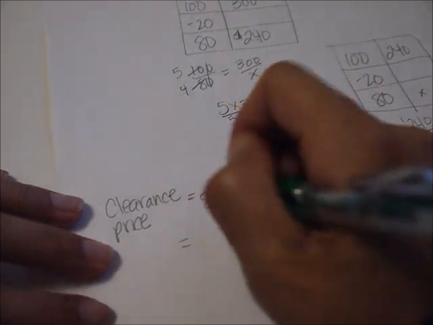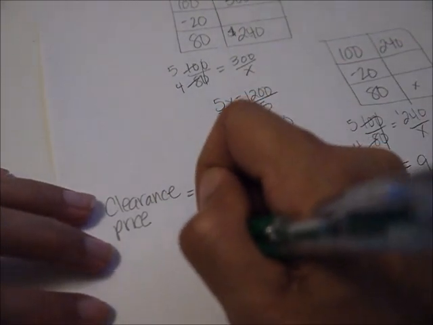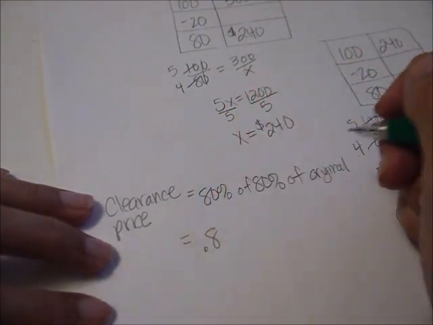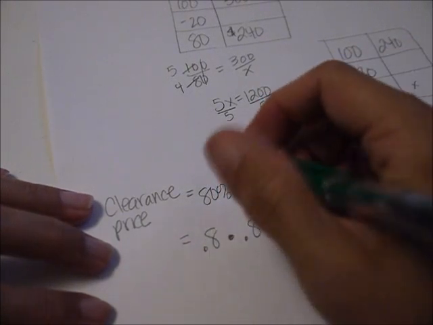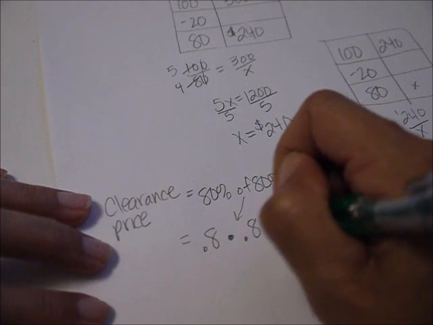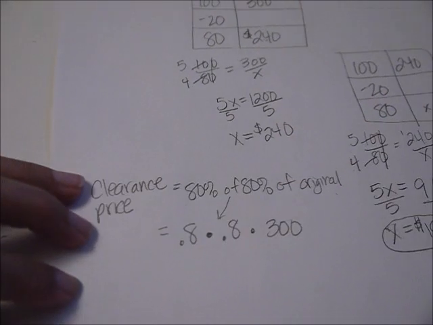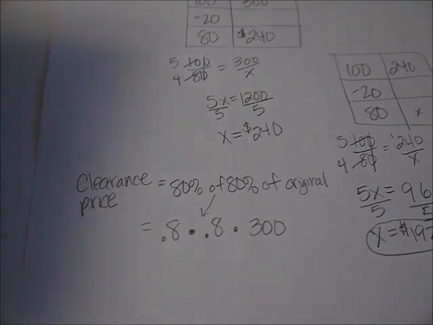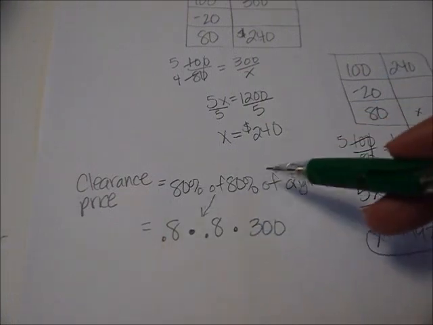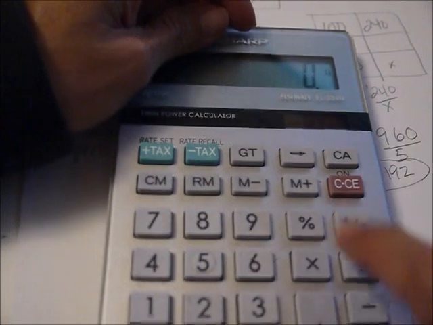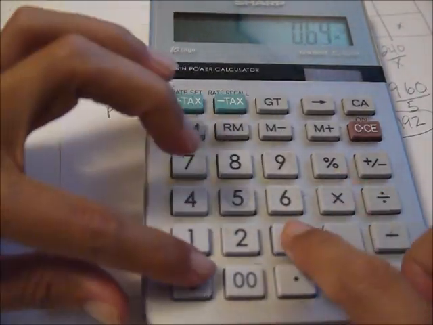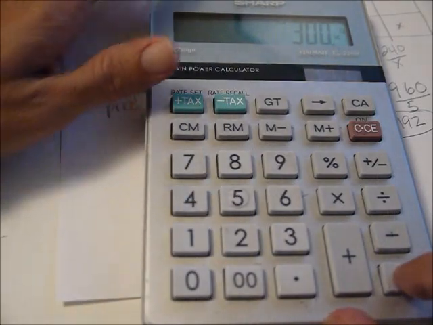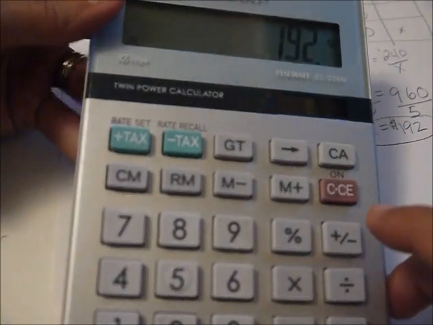If we turn that into an equation, of means times, so 0.8 times 0.8 times 300, just by saying 80% of 80% of the original. So let's try that: 0.8 times 0.8 times 300, and hopefully we get 192. Oh, and it worked.